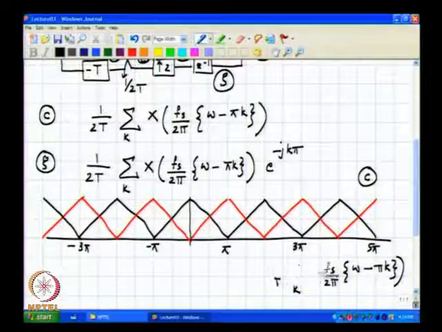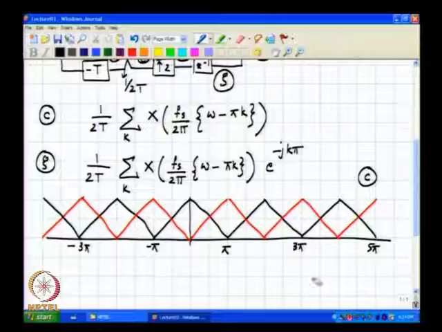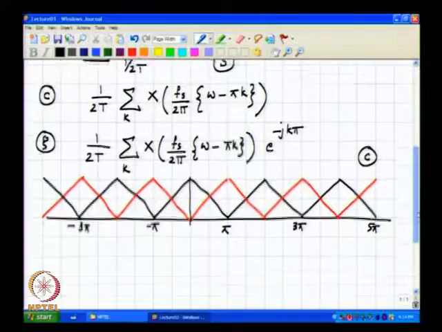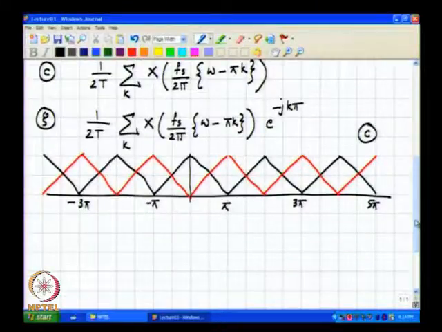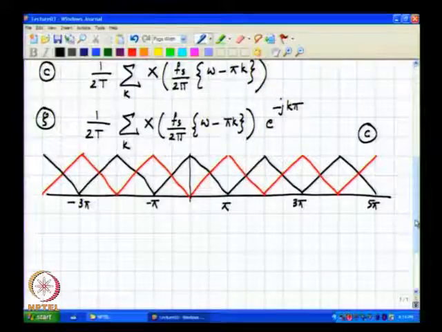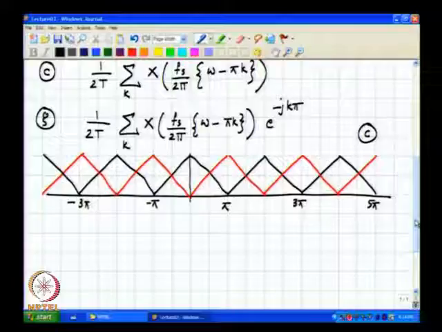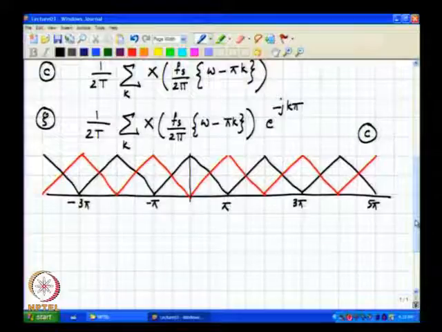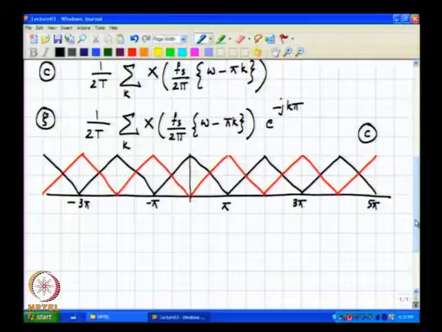Now, I need to draw the spectrum at G, but before we go there, please note that indeed we see aliasing in the top channel. The spectrum at C itself is aliased, and this makes sense because the signal bandwidth is Fs by 2 and we are sampling at Fs by 2.